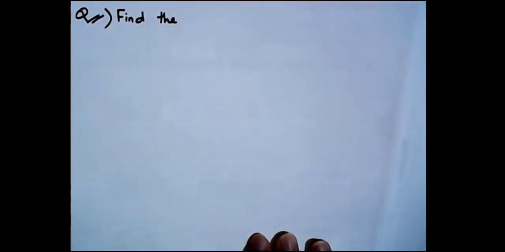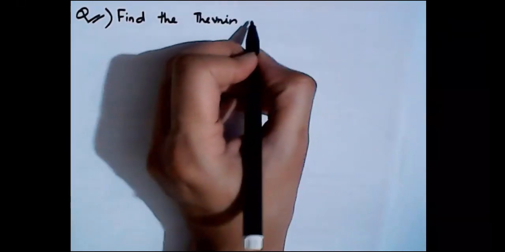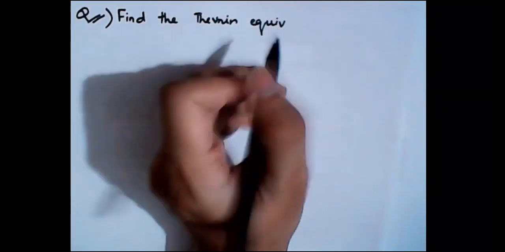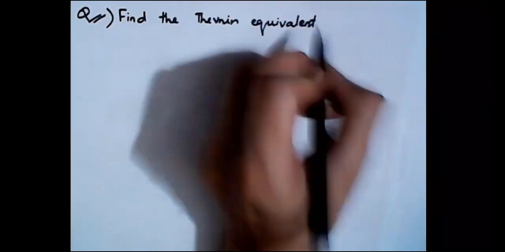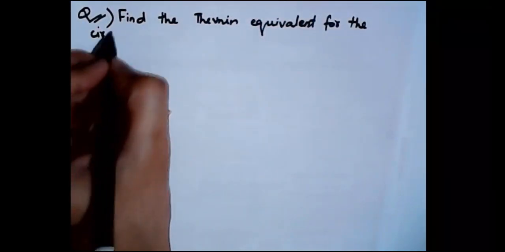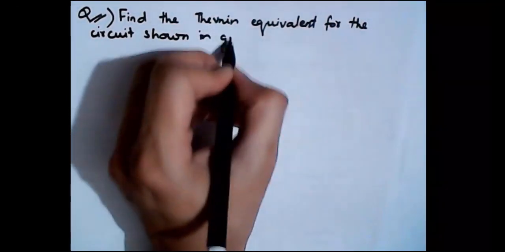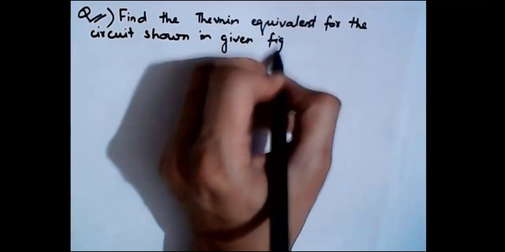Well, let's now move on towards the first example of Thevenin's theorem, and the question says that find the Thevenin equivalent for the circuit shown in given figure.